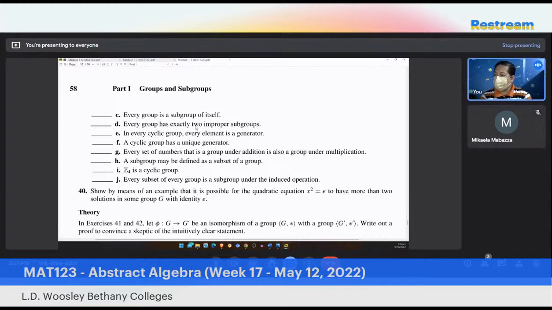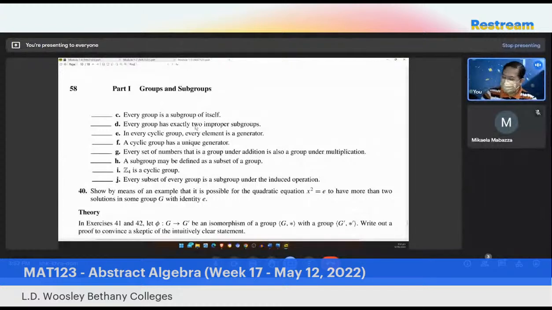Every group has exactly 2 improper subgroups. False po. Okay, false yan. Letter E. In every cyclic group, every element is a generator. Ay, wala pa pala sagot. False, of course. Cyclic group has a unique generator. Parang renaming lang yun. Ano pong unique? Isa lang? A unique generator, so ibig sabihin, one and only generator. Parang ganun. So, it's a false statement.